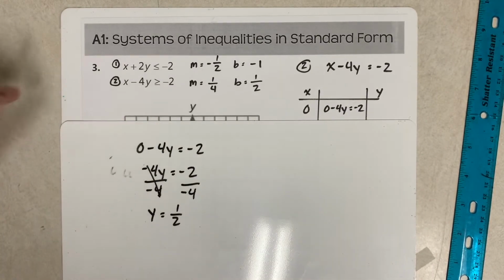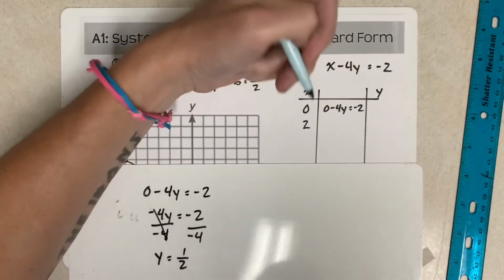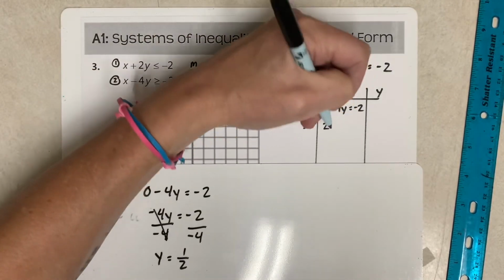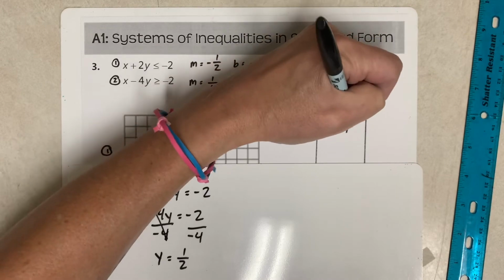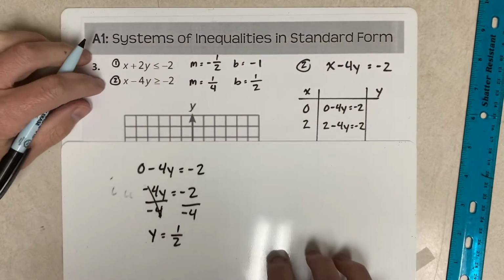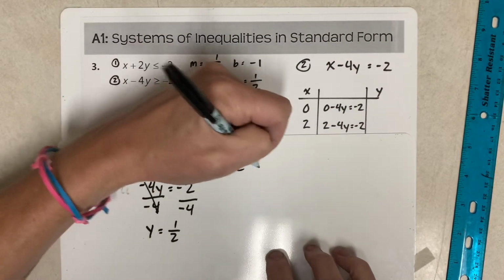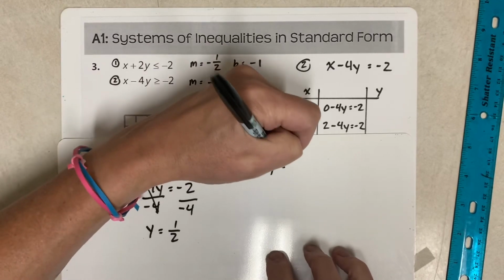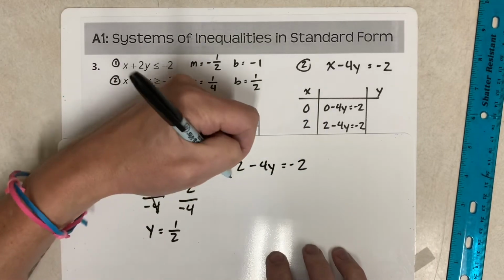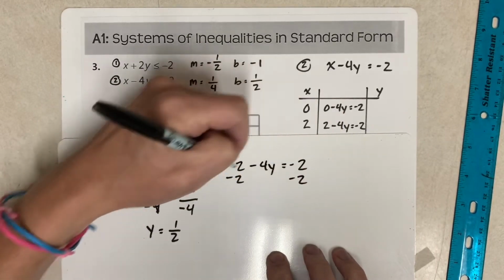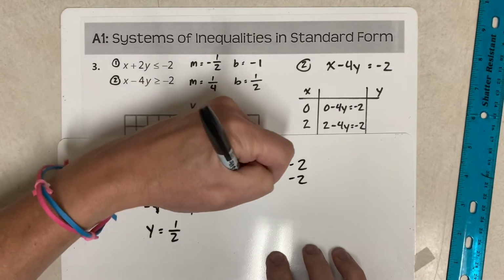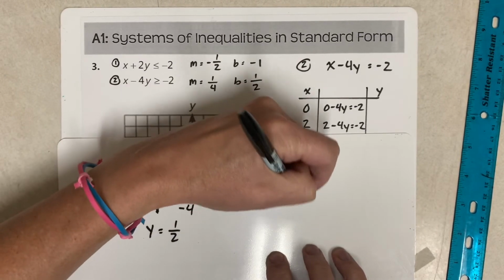So this time, let's try 2 for x and see what happens. So now I want 2 minus 4y is equal to -2. So let's try that. 2 minus 4y equals -2. Subtract 2, subtract 2. -4y is equal to -4.